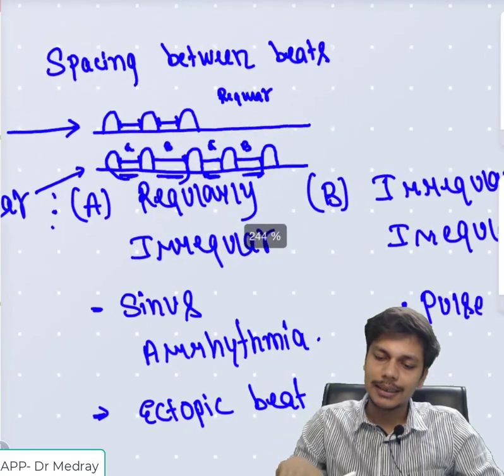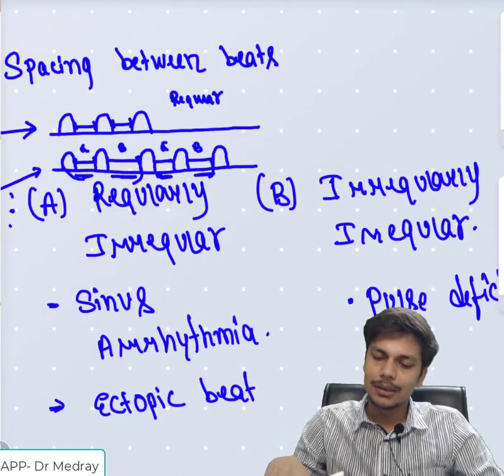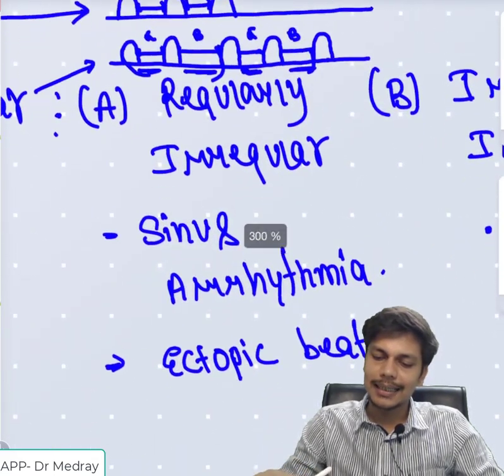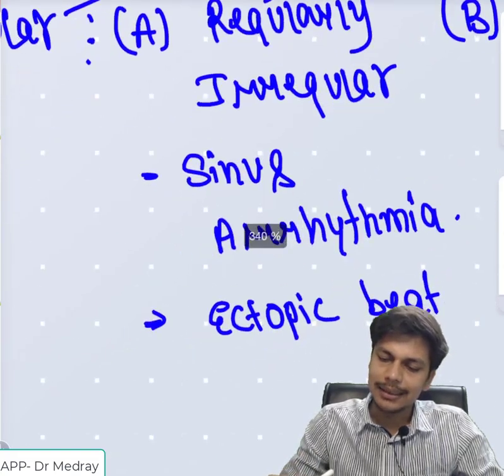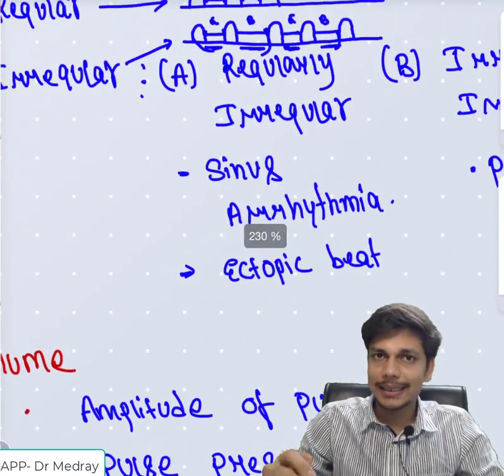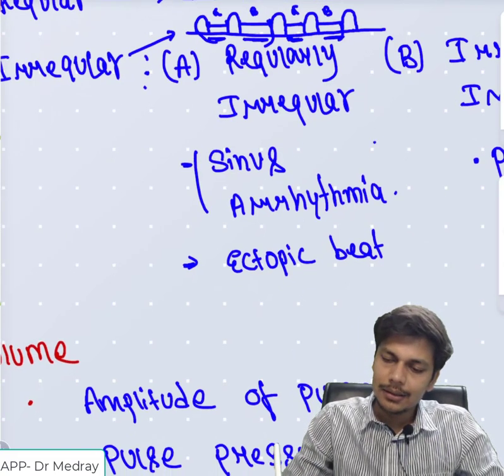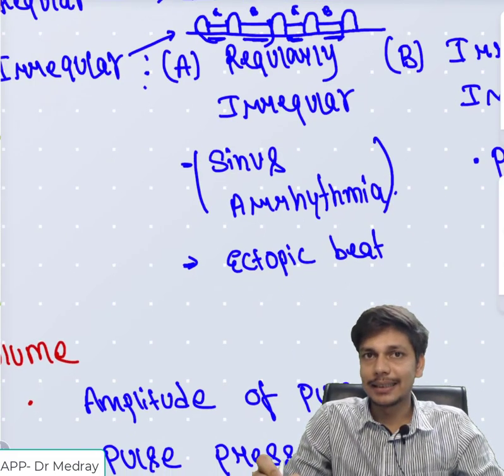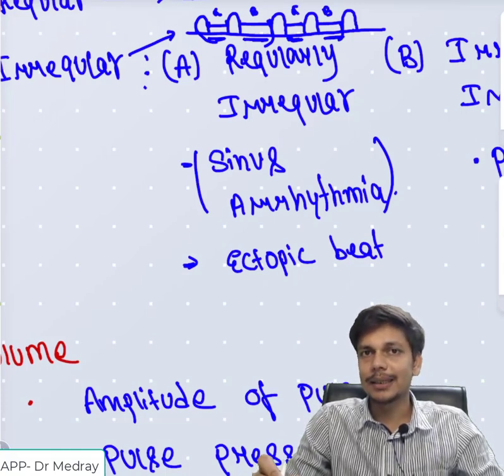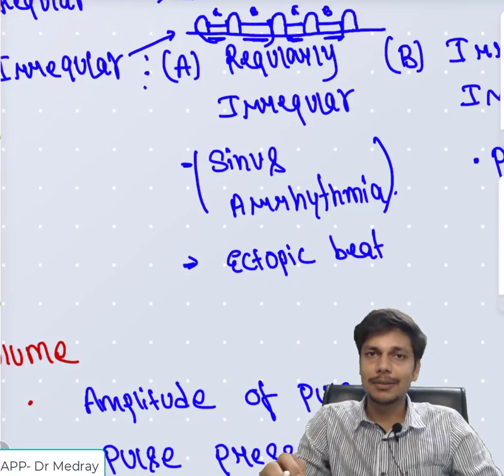So what can cause a regularly irregular rhythm? Sinus arrhythmia can cause a regularly irregular rhythm. Why does sinus arrhythmia cause it? Normally the heart rate decreases during inspiration. That is the sinus arrhythmia. Normally in you and me, the heart rate will change with respiration.